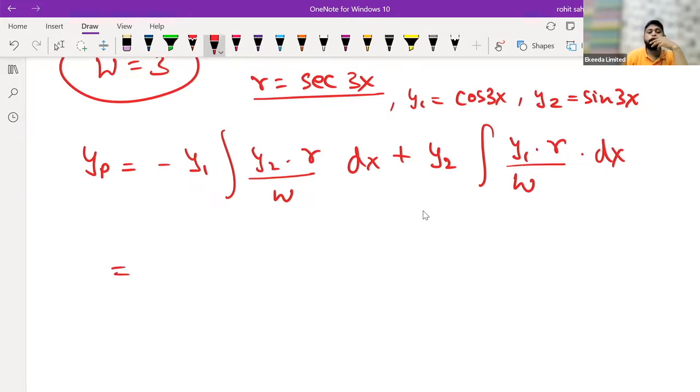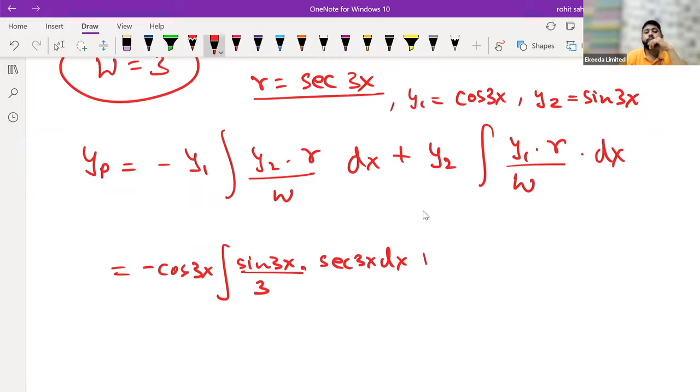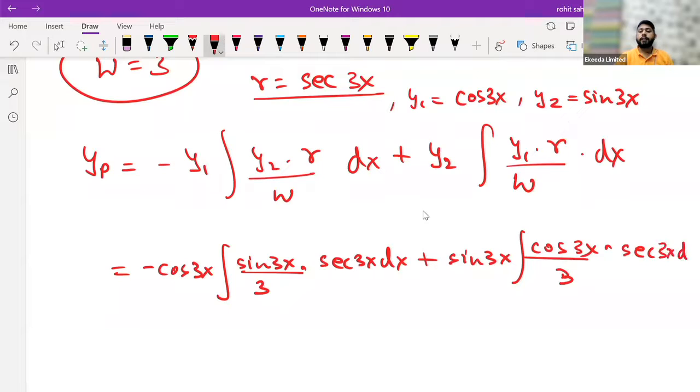So this is minus cos 3x integration of y2, which is sin 3x, by W which is 3, into sec 3x dx, plus y2 which is sin 3x, integration of cos 3x by 3 into sec 3x dx.